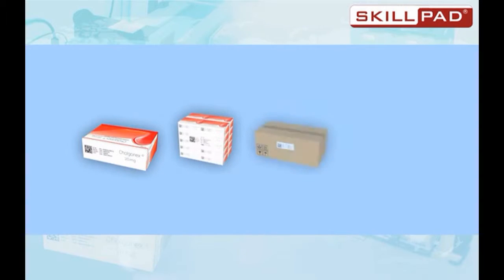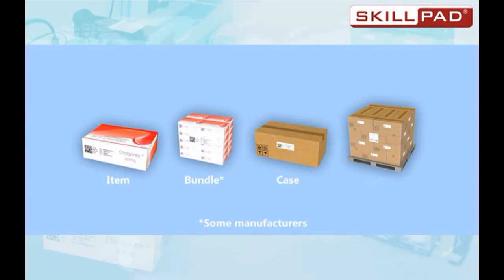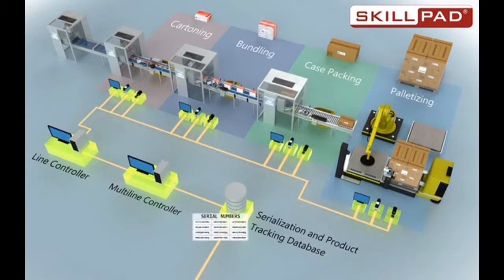Each of these packaging formats, item, case, and pallet, is a unit of commercial transaction and requires a unique serial number for identification. Once generated, the serial number needs to be transmitted from its electronic storage location to the packaging line.